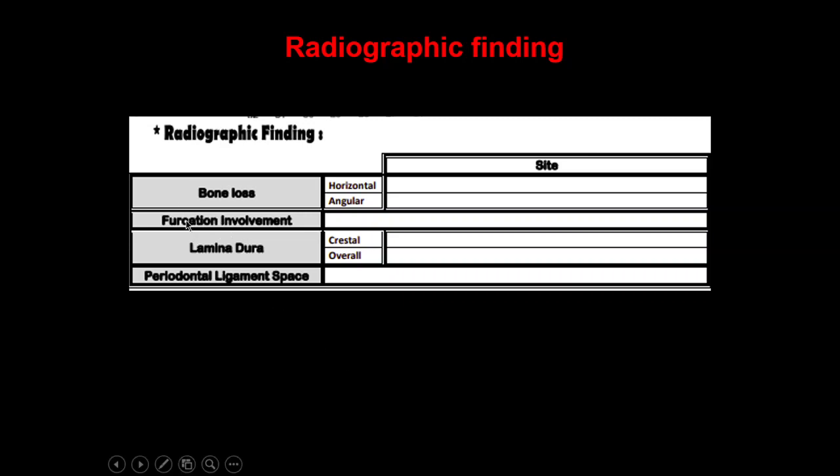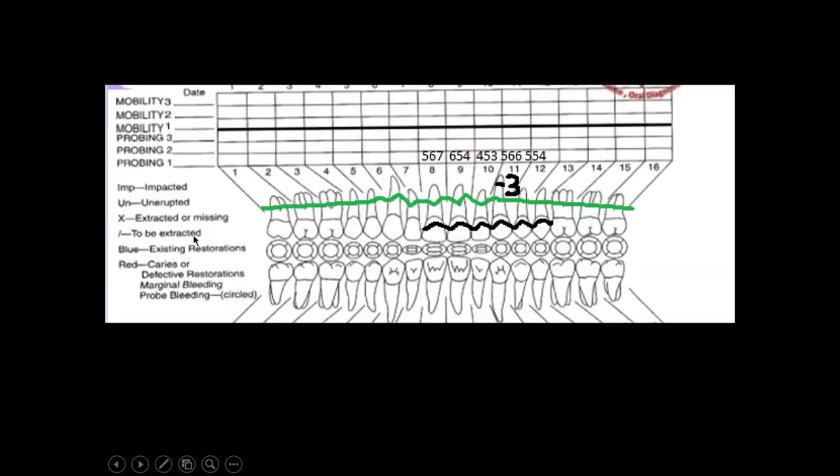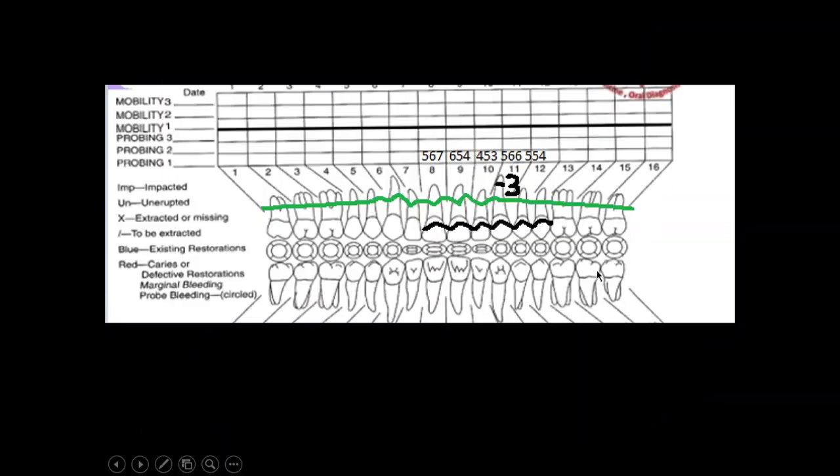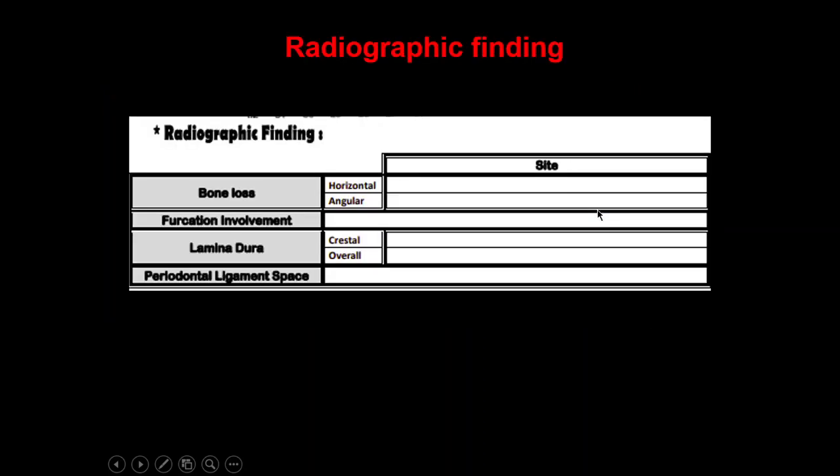Second one, the furcation involvement. We draw a star at the furcation area if it is present. Furcation has grades.